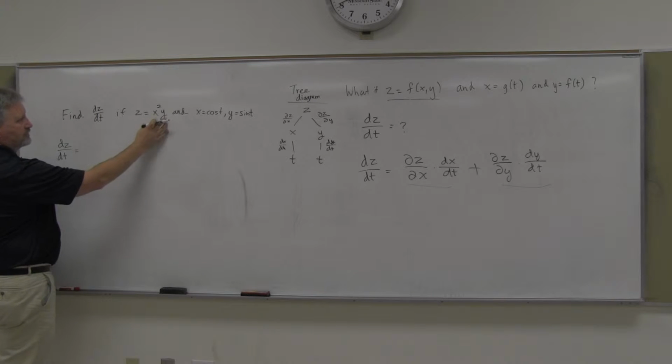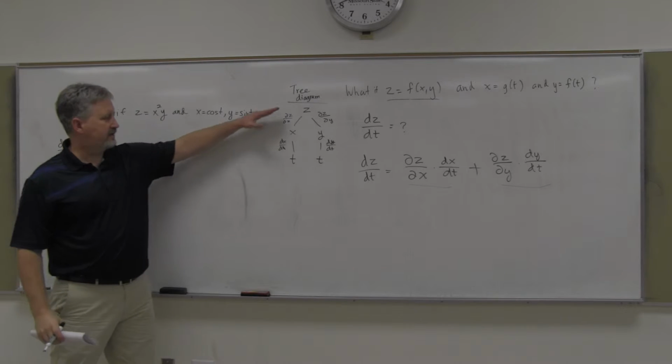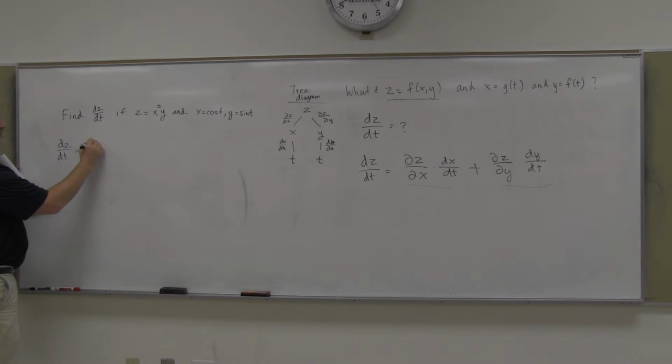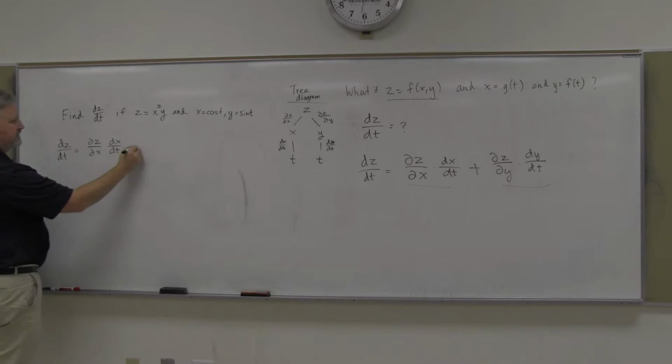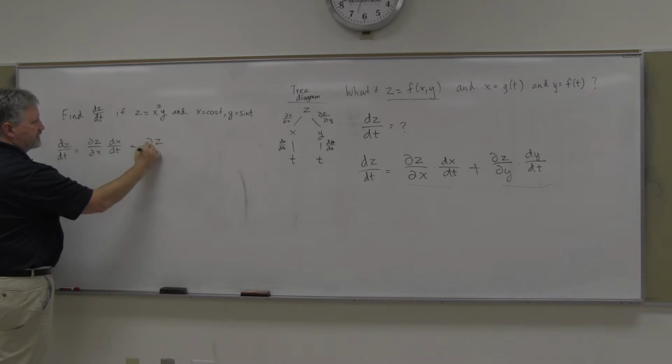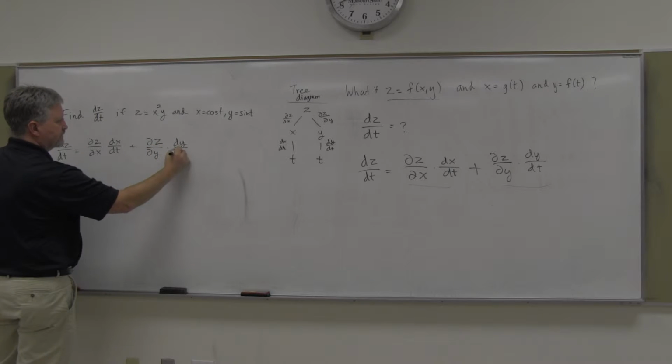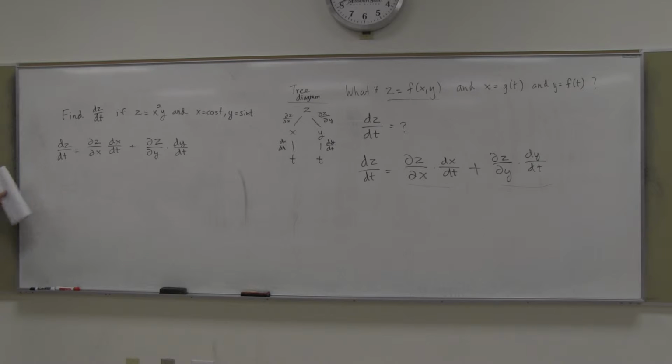First of all, we go through the x's. So we do the partial of z with respect to x, and then do the derivative of x with respect to t, and then do the ones with the y's. Partial of z with respect to y, and then dy dt.